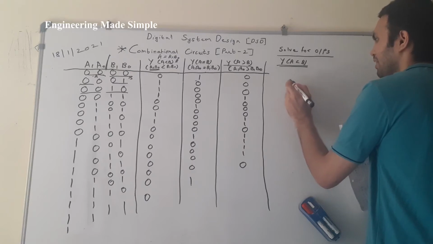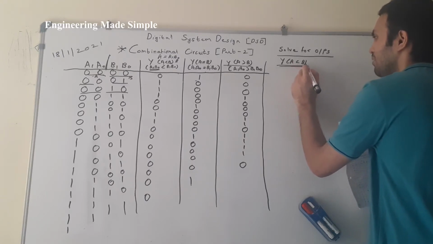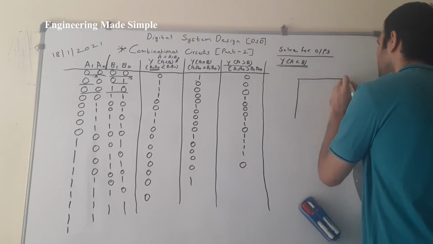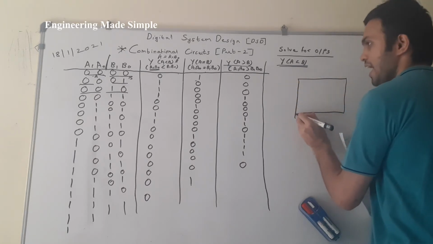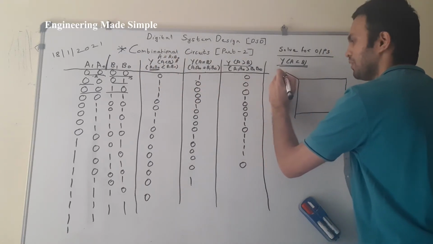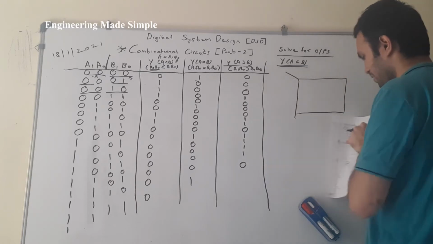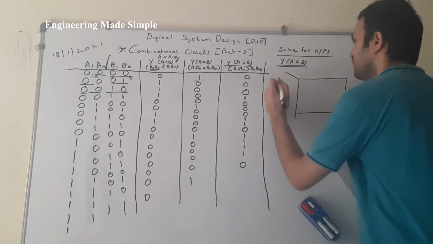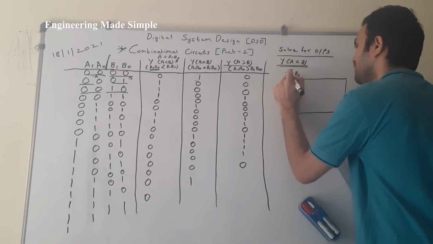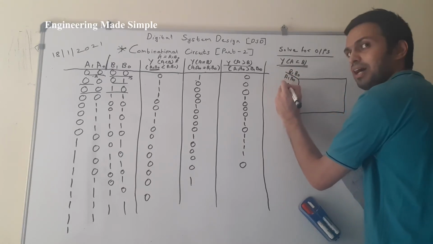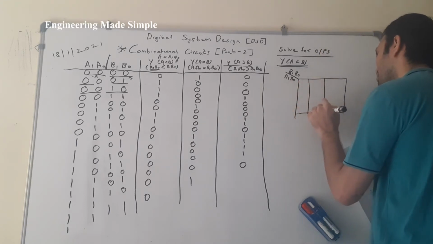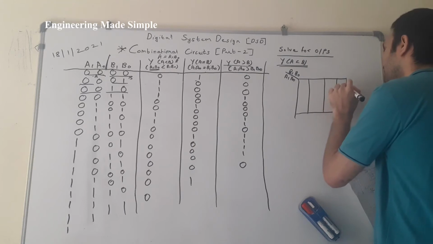So let us draw the K-map for y when A is less than B first. As there are 4 input variables, it would be a 4 variable K-map. So this is B1, B0, and this is A1, A0. By now everybody should know how to label the K-map and how to map the truth table values into the K-map, so I am doing this directly.